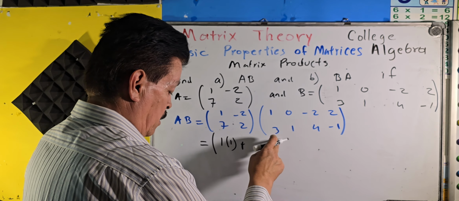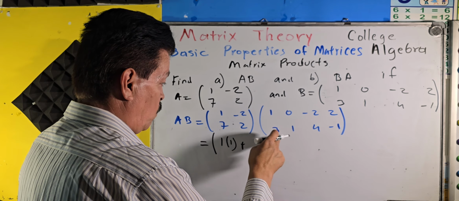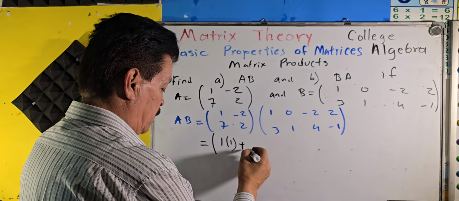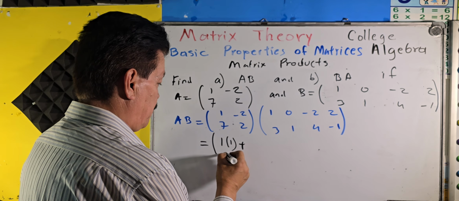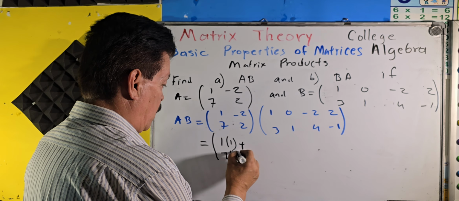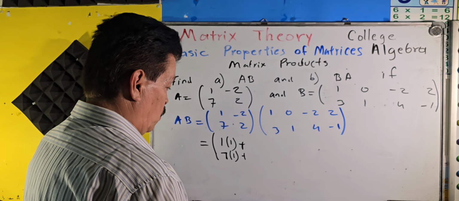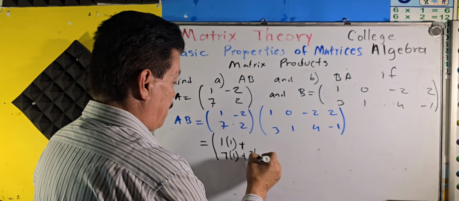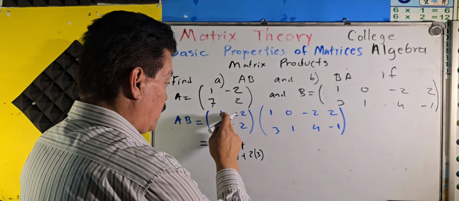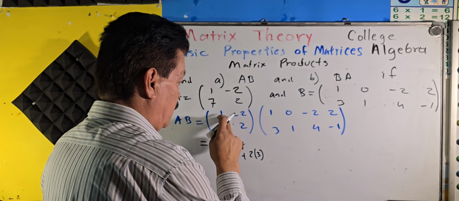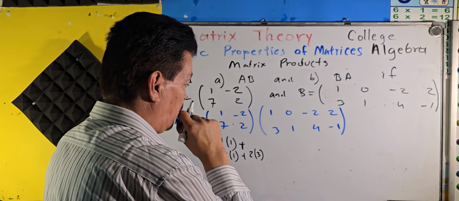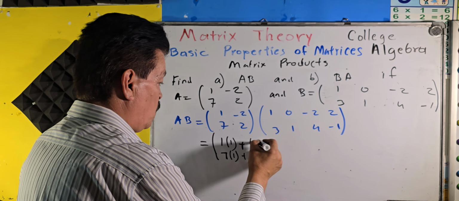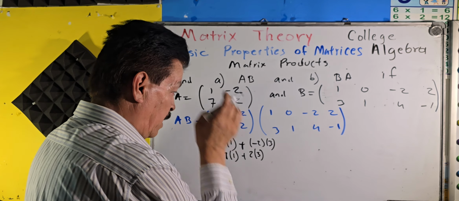And then 7 times 1 plus 2 times 3. So here the next is 1 times 1 and then 2 times 3, plus negative 2 times 3.